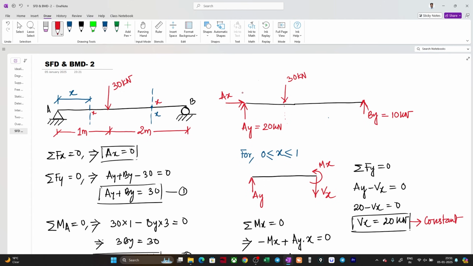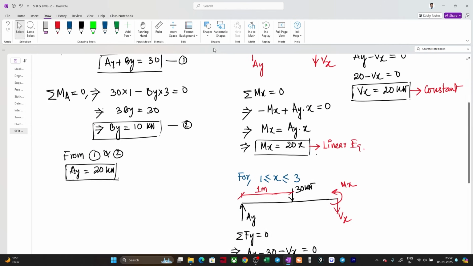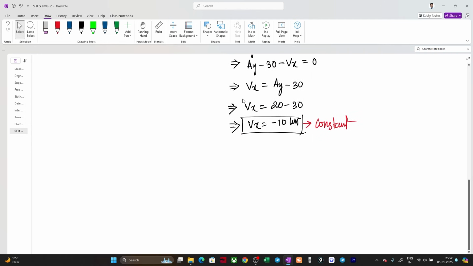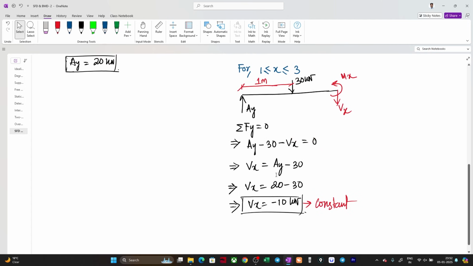First the shear force develops from here and is constant, then the point load is suddenly applied, so it changes its direction, then again it goes constant. So you can see the values are constant, but the direction has changed for the Vx, correct?